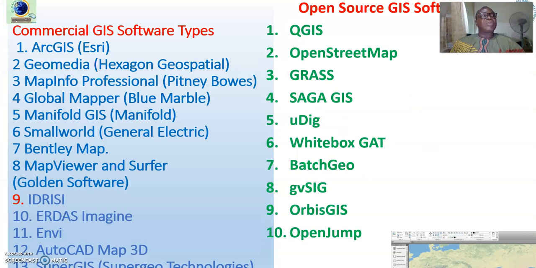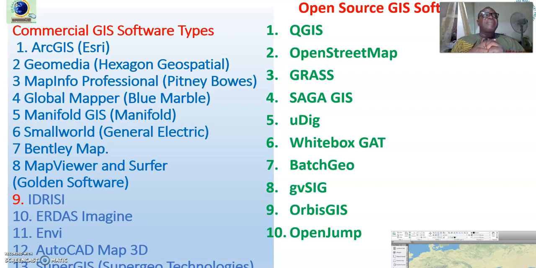So GIS software is the basic ingredient of a GIS, because a GIS requires manipulation of data and analysis of data. GIS software enables us to manipulate the spatial data, the attribute data, and data about the Earth's surface.